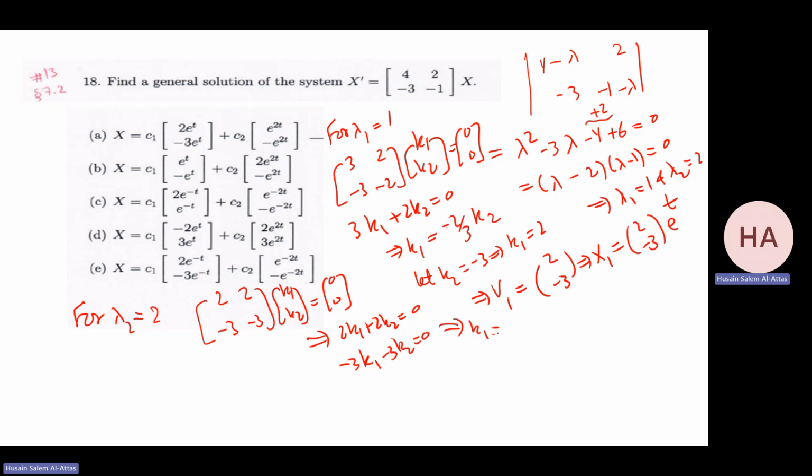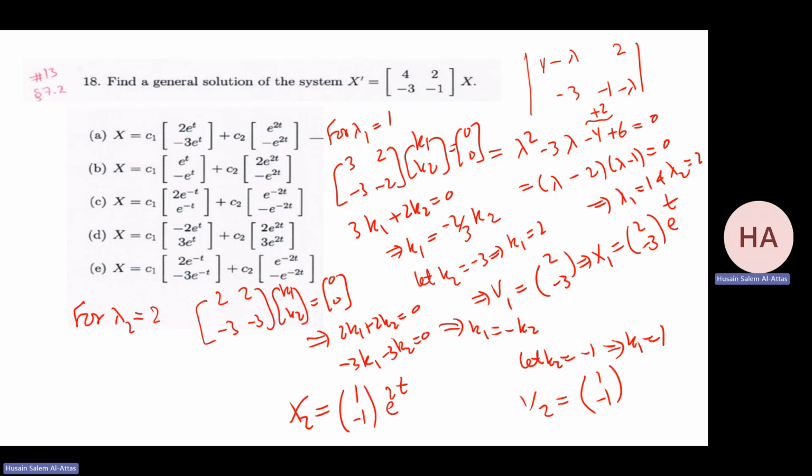Very clear, I have K1 equal minus K2. So let K2 equal minus 1, K1 will be 1. So I have V2 as 1, minus 1, and X2 will be 1, minus 1 e to the power 2t. So my capital X is C1 X1 plus C2 X2. That is X1. So I have this answer.